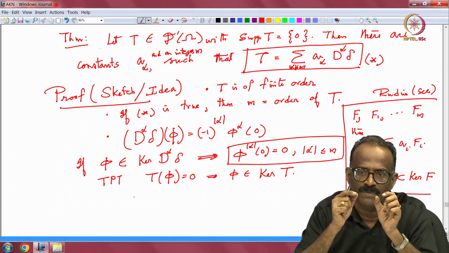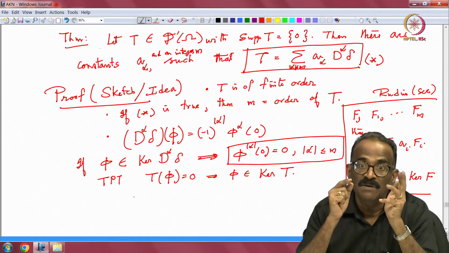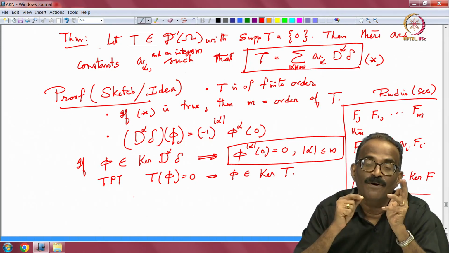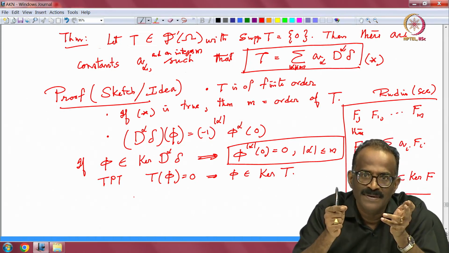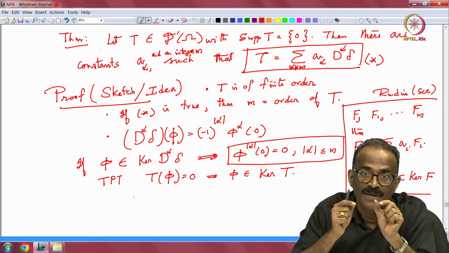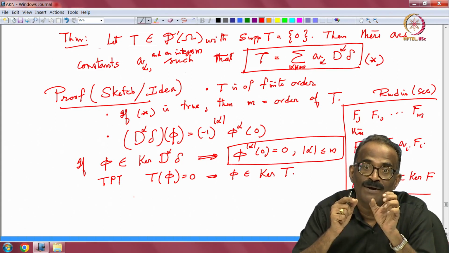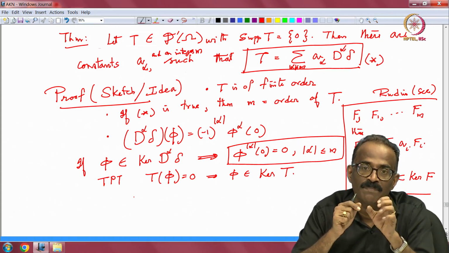Second, phi alpha of 0 equal to 0 means phi alpha of x will remain small in a neighborhood of 0, for all modulus alpha less than or equal to m.